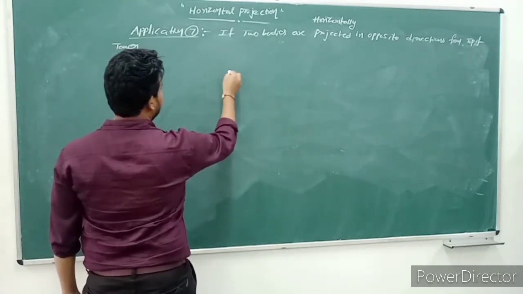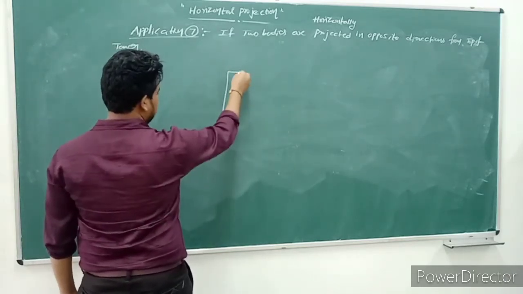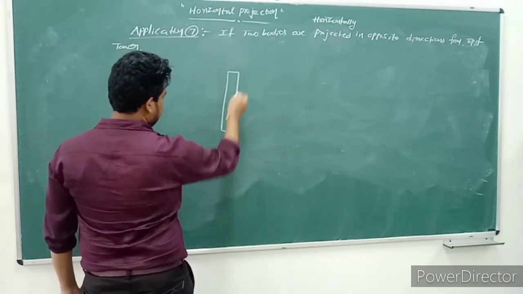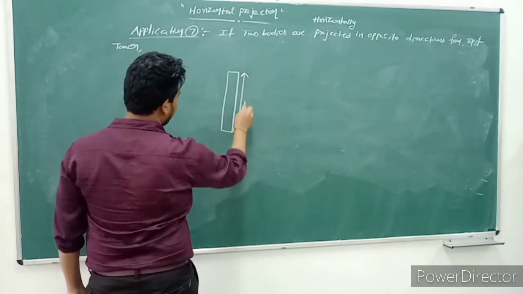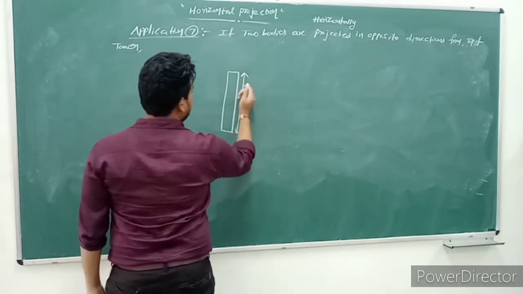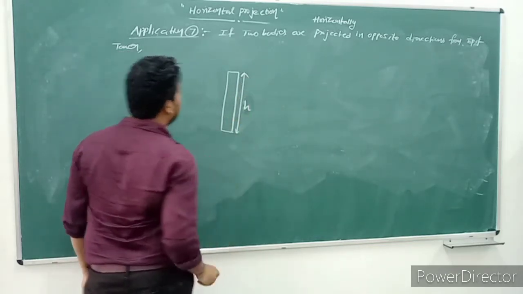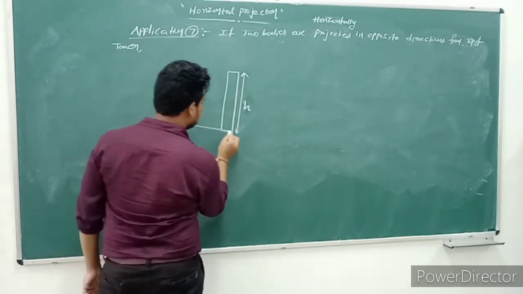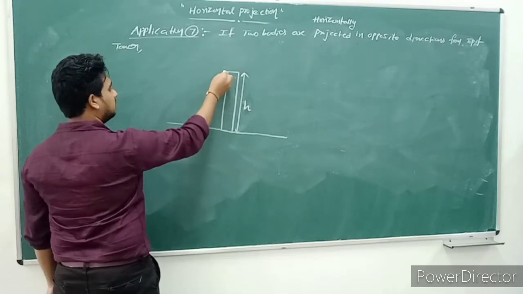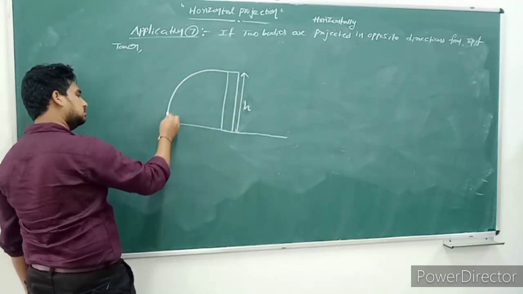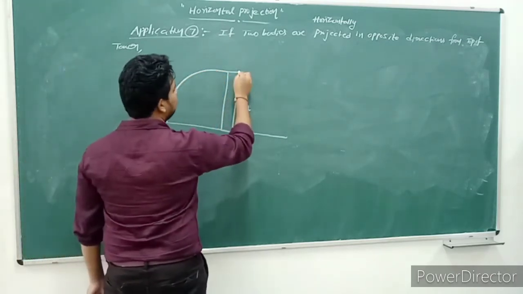So here I consider a tower. This is the tower. Tower has height h. Now this is the ground. One body is projected like this, and another body is projected like this.